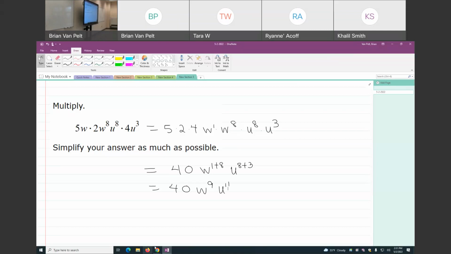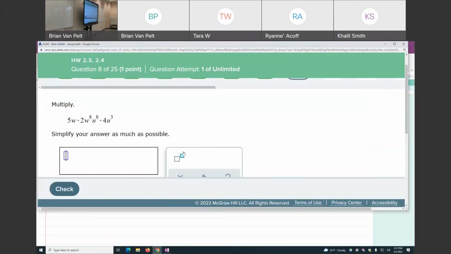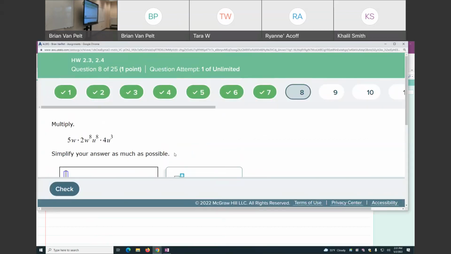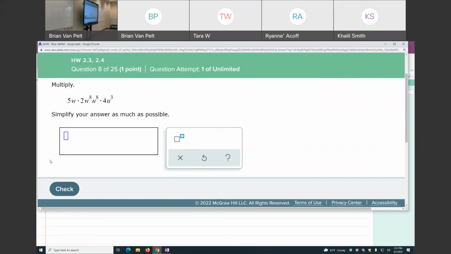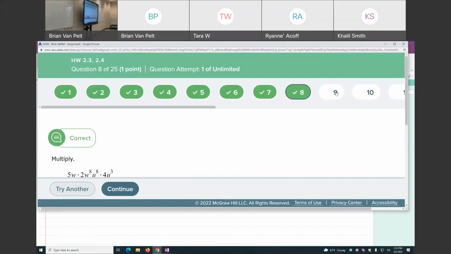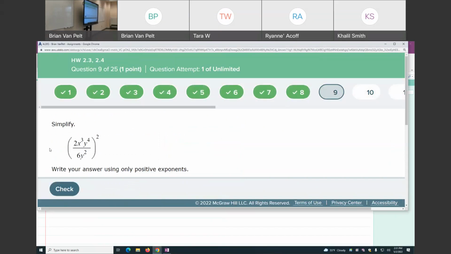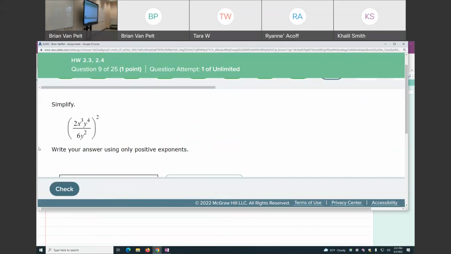Let me just make sure these problems are starting to repeat so I can move on to 2.4. That was 40 W to the 9th. Let me see if they're repeating here. Did we do one like this yet? I don't think so.